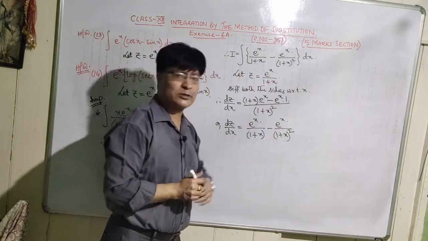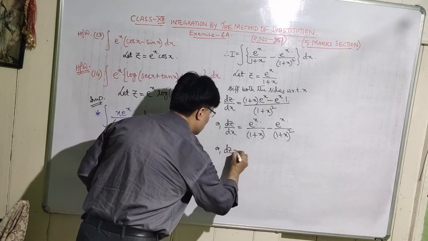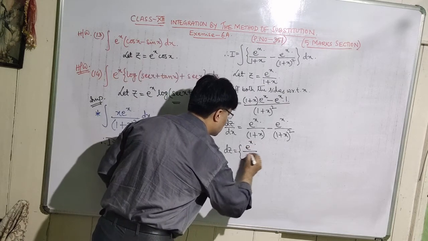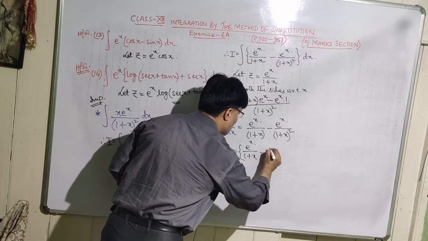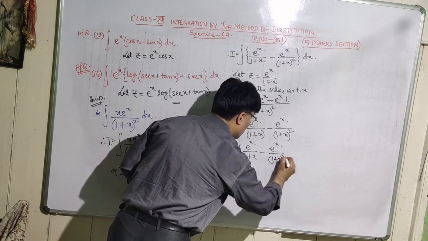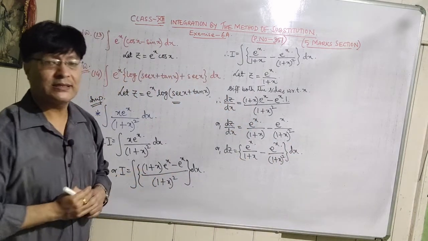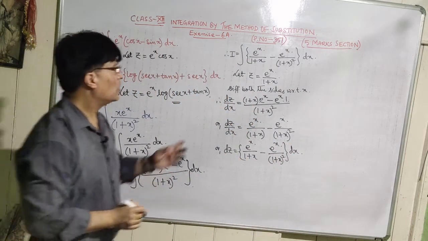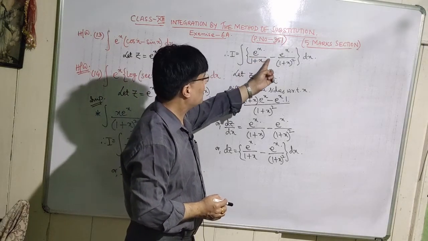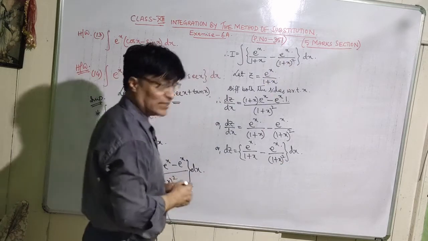So now let us cross multiply by dx, or dz is equal to, within second bracket, e to the power x divided by 1 plus x minus e to the power x divided by 1 plus x whole square, second bracket closed, then dx. That is which is equal to dz.